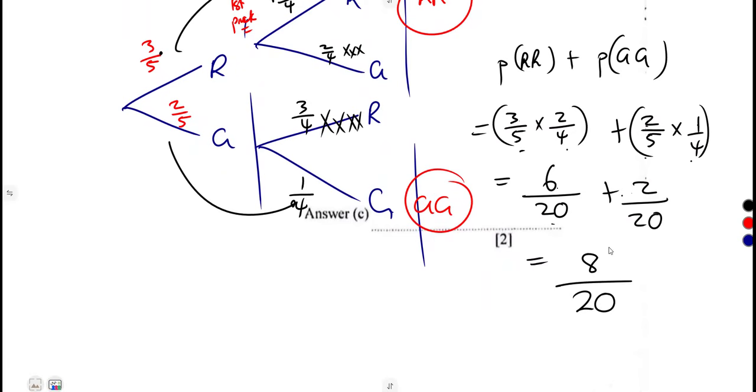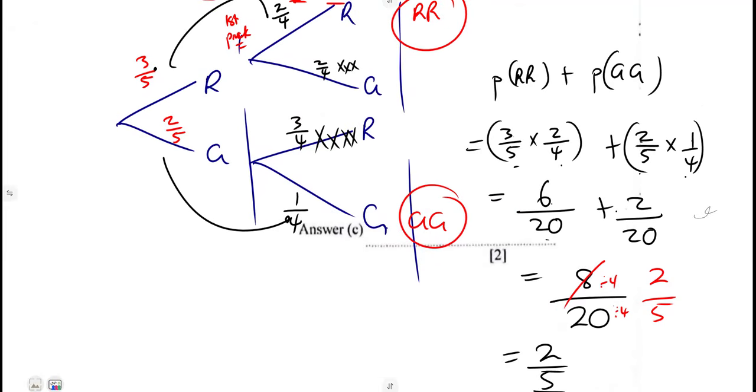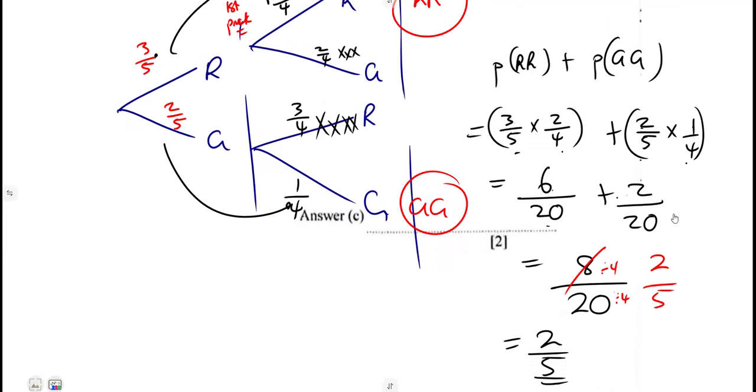Reduce this by 4: 8 divided by 4 is 2, and 20 divided by 4 is 5. So this gives us 2 over 5 at the end. So that was how to attempt this typical question that you're given.